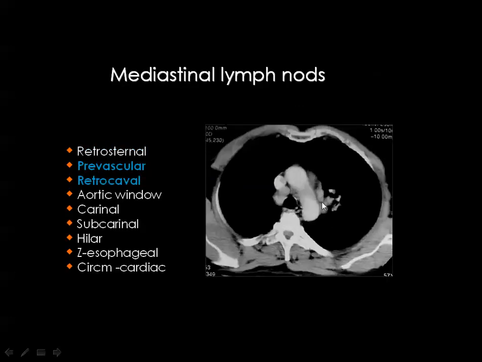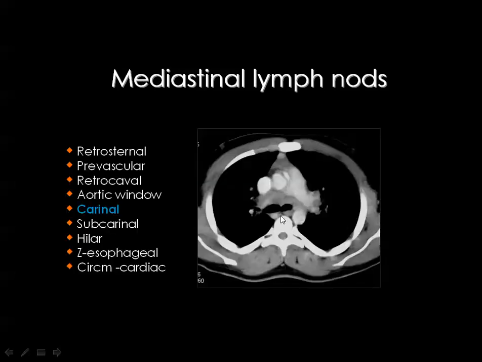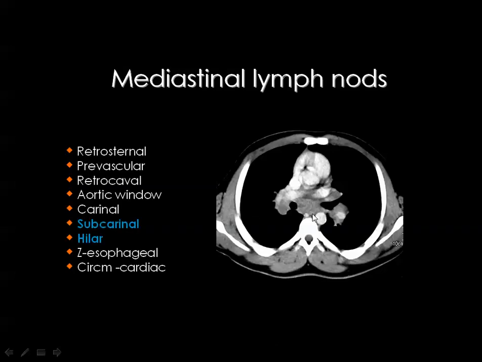The prevascular lymph nodes are arranged along the arch of the aorta. The aortic window lymph nodes are located between the ascending and the descending aorta above the pulmonary artery. The carinal lymph nodes are seen anterior or posterior to the carina, while the subcarinal lymph nodes are located between the two divisions of the trachea.